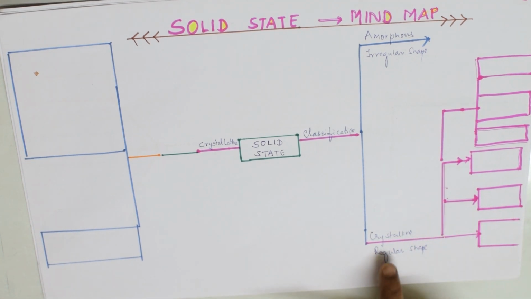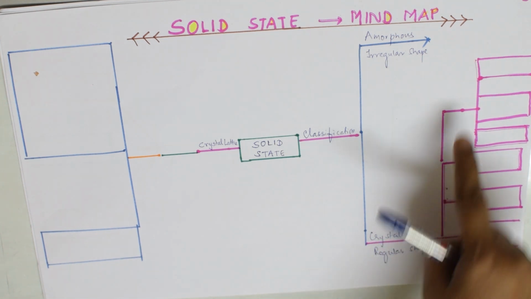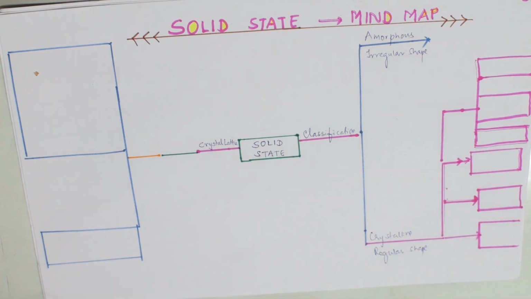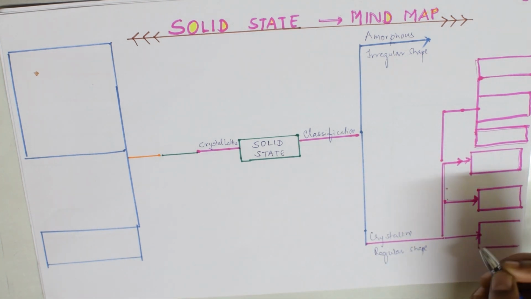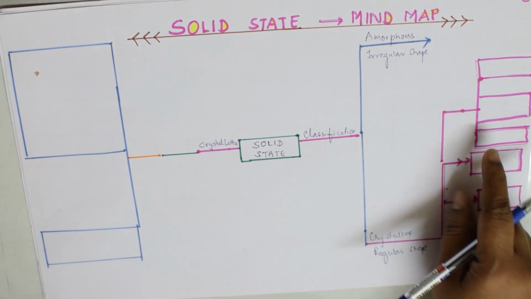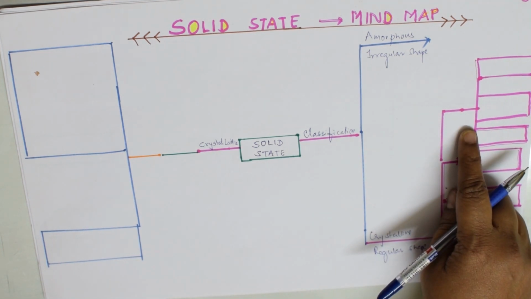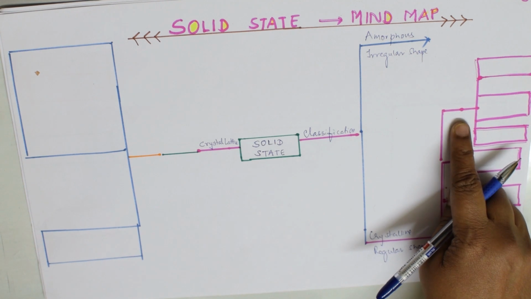Now crystalline solids are of a large number, and these are again divided into 1, 2, 3, 4 varieties. The first variety is molecular solids.